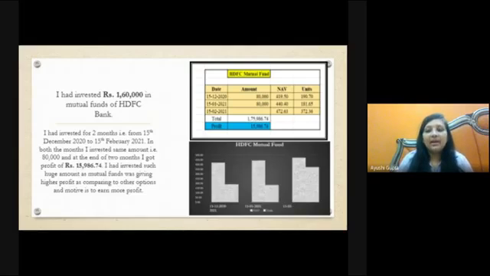The reason why I invested 80,000 in the mutual fund each month is that the interest was high, and my motive was to earn the maximum profit that I can. So I have invested 1,60,000 in the mutual fund.